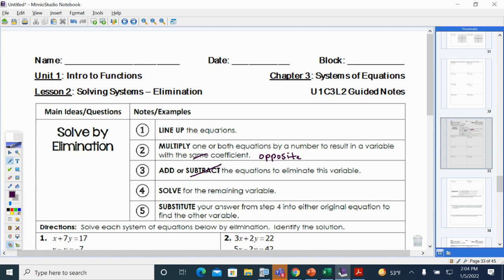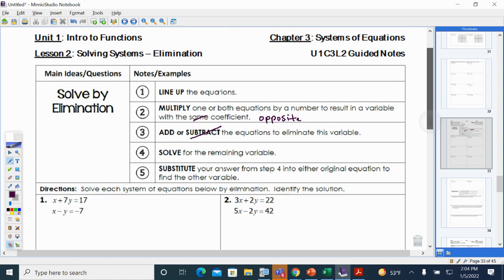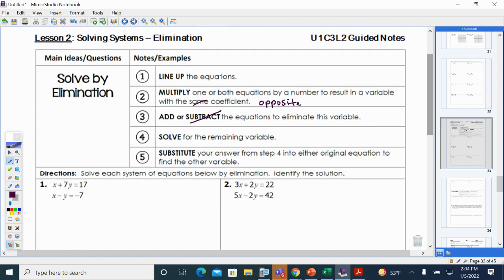So if you work on multiplying one or both equations so that you already have opposites, then we can just add our two equations together in step 3 to eliminate that particular variable. Then you're going to solve the remaining variable, and then substitute whatever you get back into one of the original equations to find the other variable.